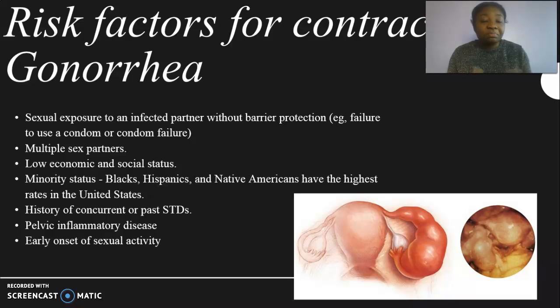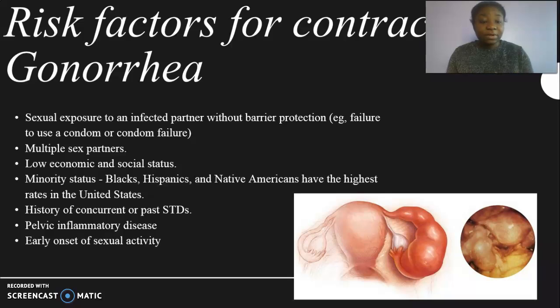Minorities, Blacks, Hispanics, and Native Americans have the highest risk of contracting these diseases. A history of concurrent or past STDs, if not treated properly, can come back and cause infertility as well.